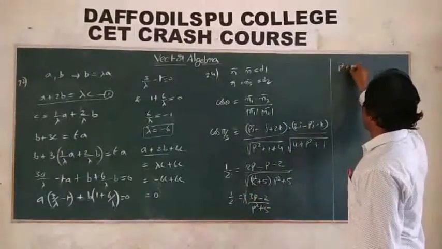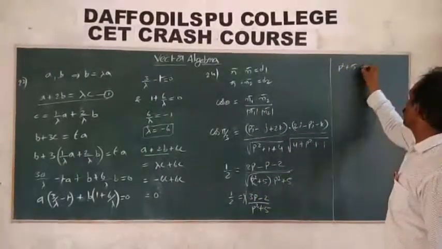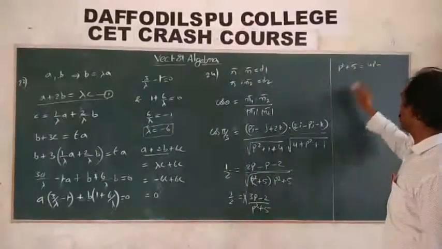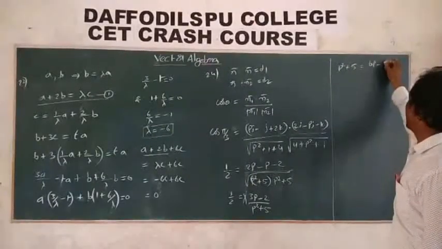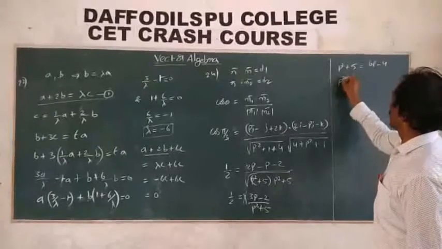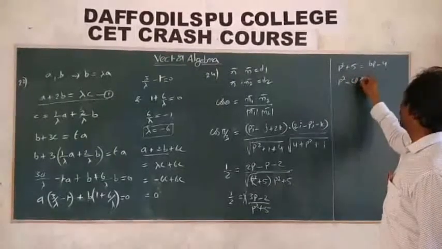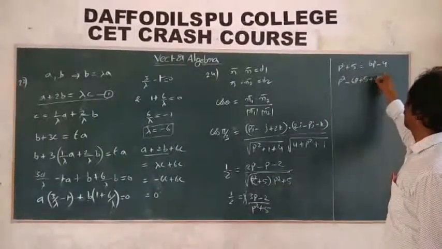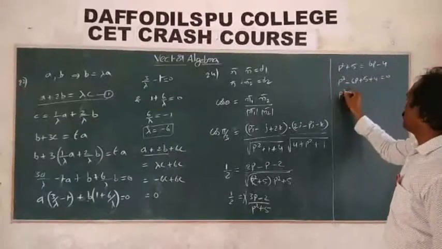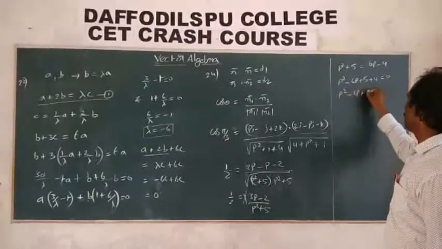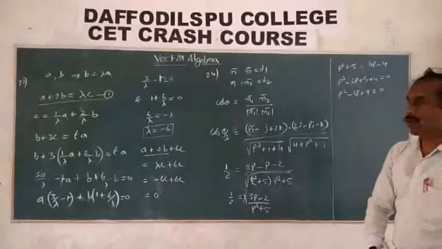Cross multiply: P square plus 5 is equal to 4P minus 6P, so 4P square minus 6P plus 5 plus 4 is equal to 0. P square minus 6P plus 9 is equal to 0.